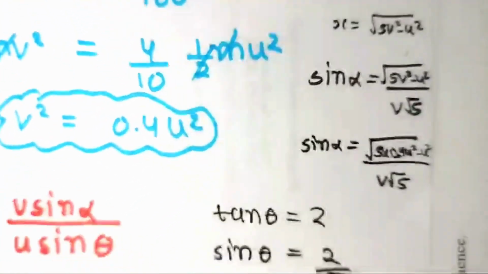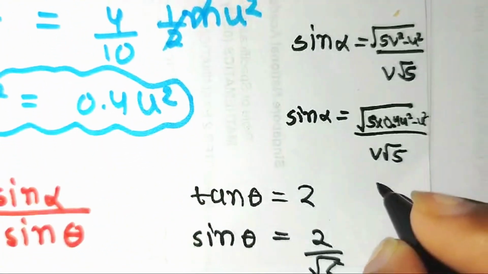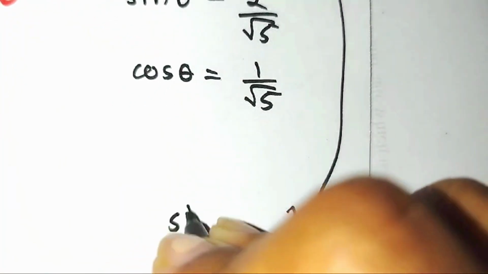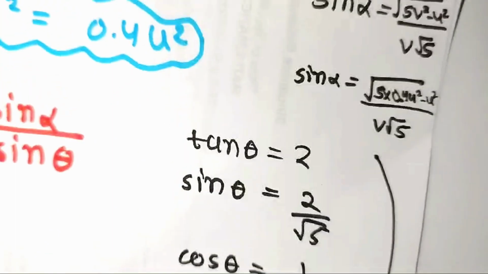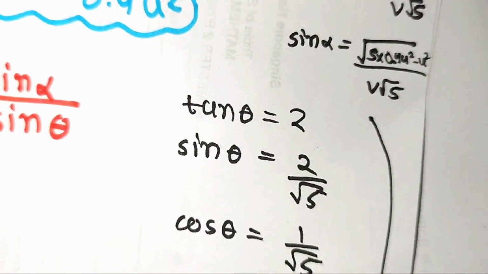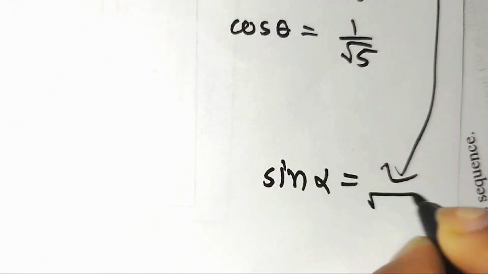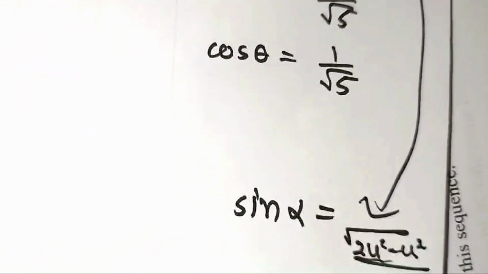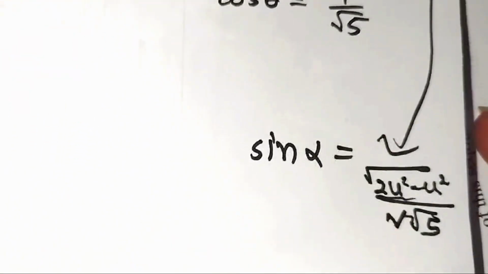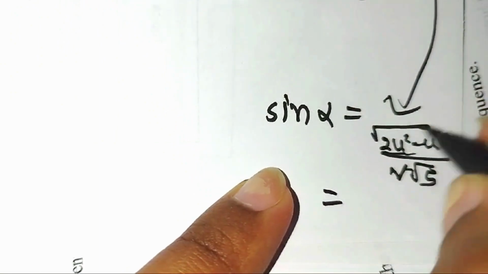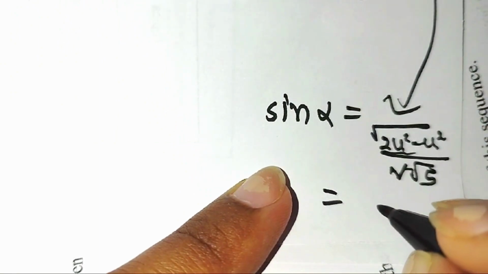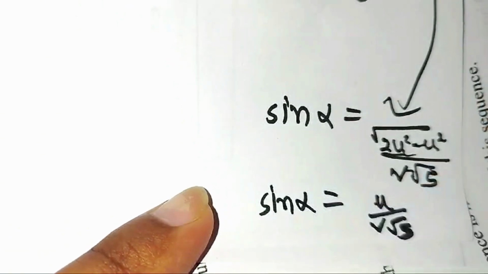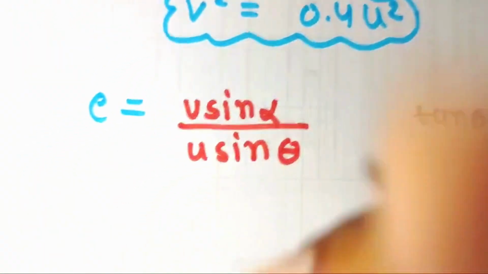So we can just solve for that and get the value of sine alpha. 5 times 0.4 is 2 u square, minus u square, divided by v root 5. 2 minus 1 is 1. So it's just directly u over v root 5. That is sine alpha.